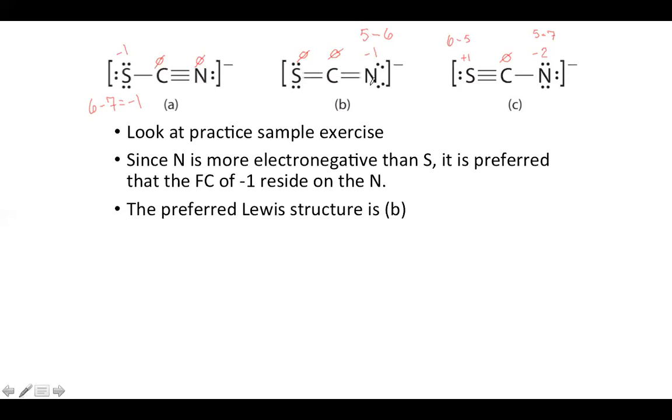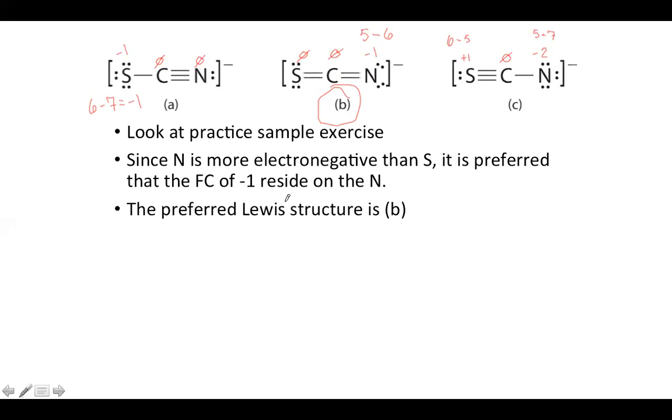Nitrogen is more electronegative than sulfur, so we would rather that nitrogen have the -1 formal charge. It would make more sense for nitrogen to have more electrons around it than the valence electrons it would generally have. So in this case, that's going to be B.